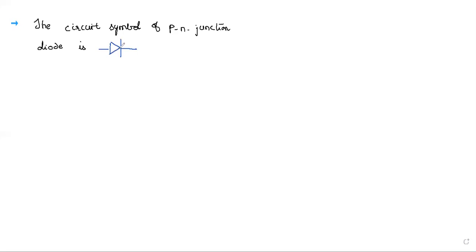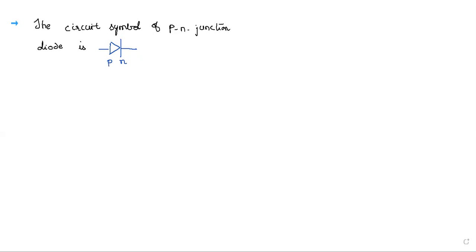It is the circuit symbol of the PN junction diode. In this circuit symbol, who is this arrowhead? The arrowhead represents the P side, and the plate represents the N side.